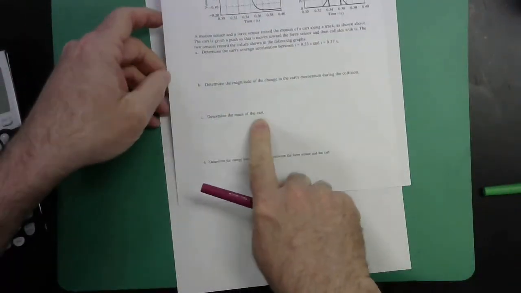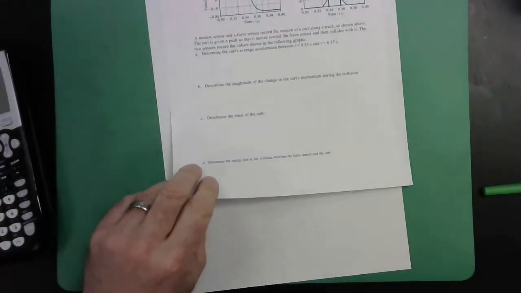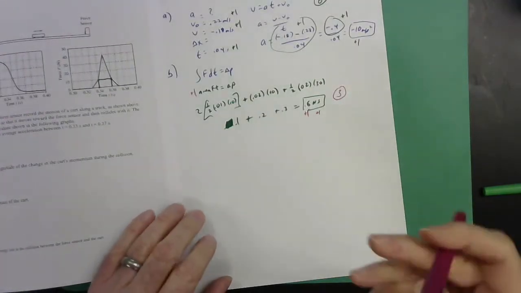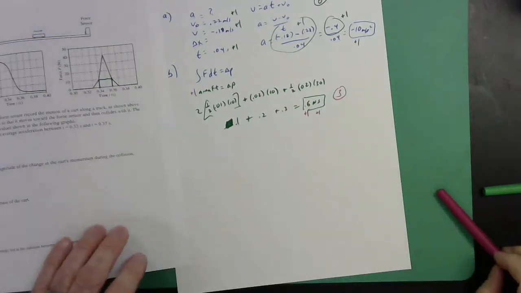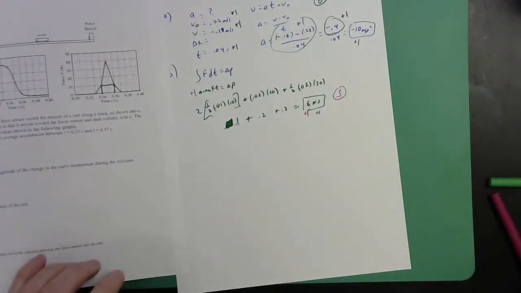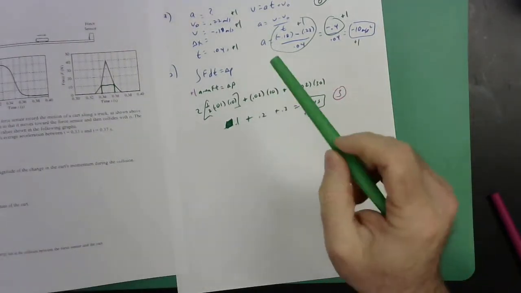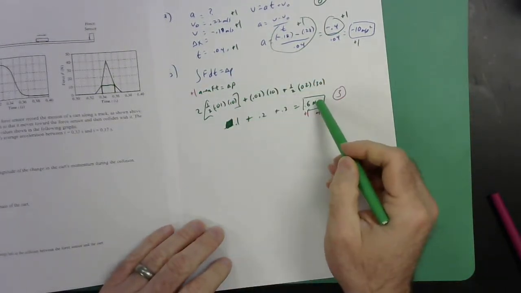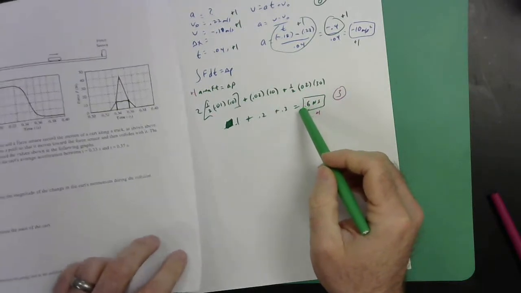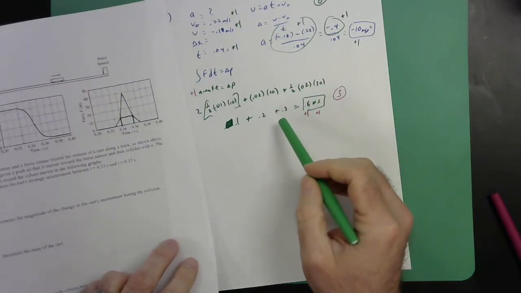All right. Part C says, now let's find the mass of the cart. So if it were me, I want the integral of F dt as delta P. The mass of the cart is going to show up in the momentum equation. I just found out how much the momentum changes by, and I know the velocities, right?